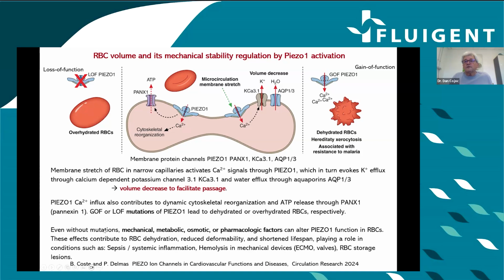Even without mutations, mechanical, metabolic, osmotic, or pharmacological factors can alter Piezo1 function in red blood cells. These effects contribute to red blood cell dehydration, reduced deformability, and shortened lifespan, playing a role in conditions such as sepsis, hemolysis, or in mechanical devices like ECMO and valves, and red blood cell storage lesions.